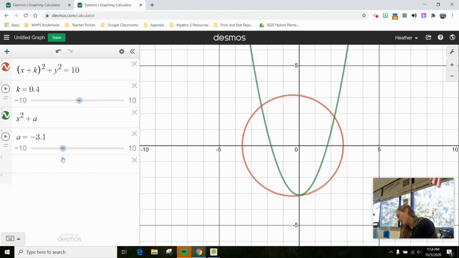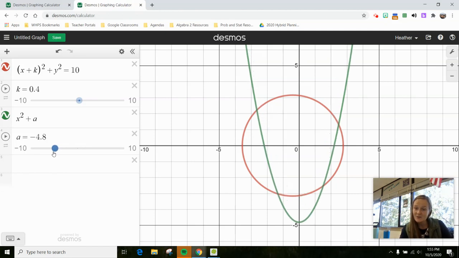So I've got a parabola. The circle touches the bottom, goes upside. And lastly, if I continue to move the parabola down, you can see four solutions. So the circle is just smack dab in the middle of that parabola.